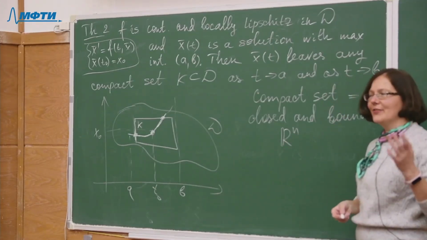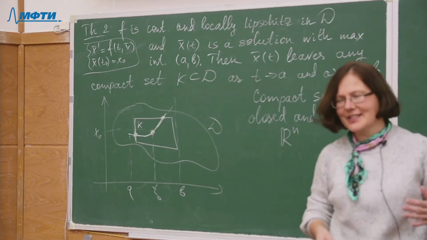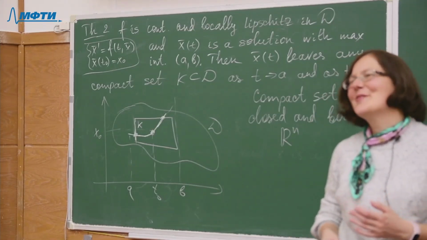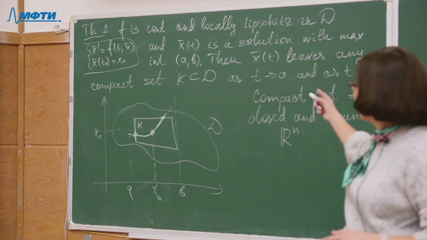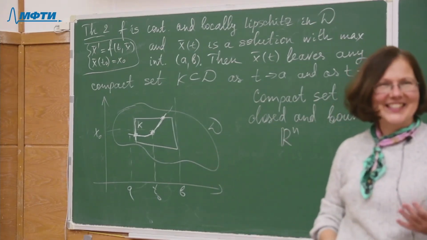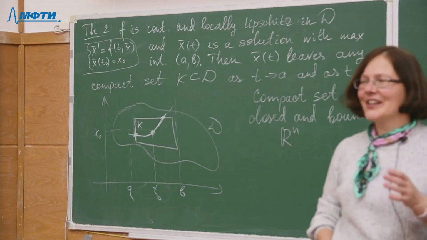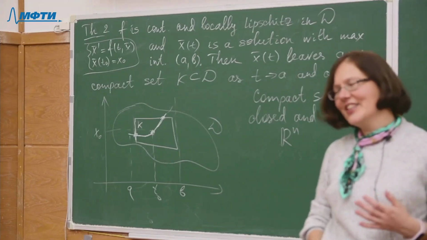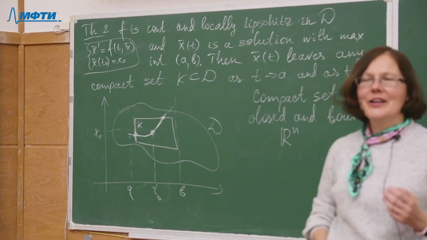But sometimes the definition of a compact set is different from this. This is a criterion of a compact set. Usually the definition is given in the form of a cover.